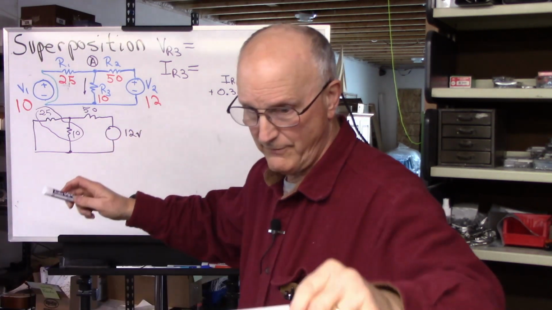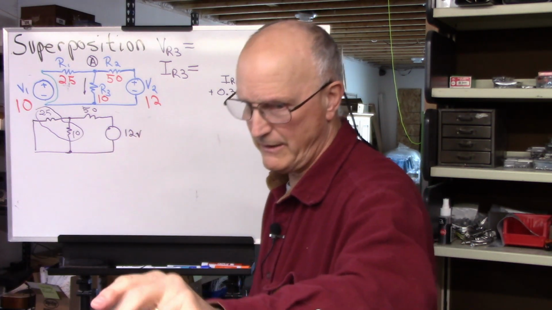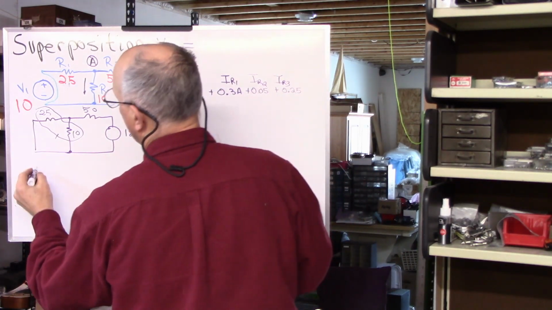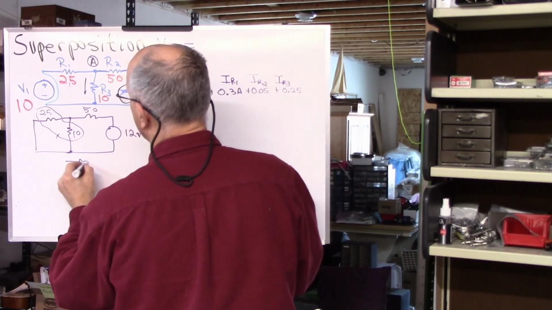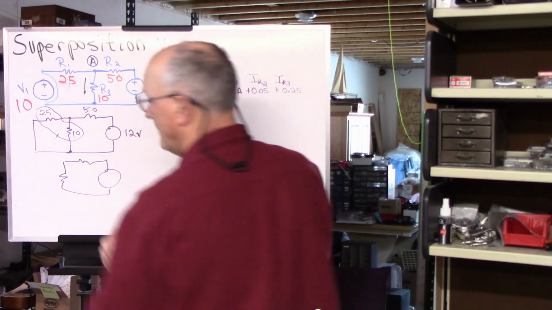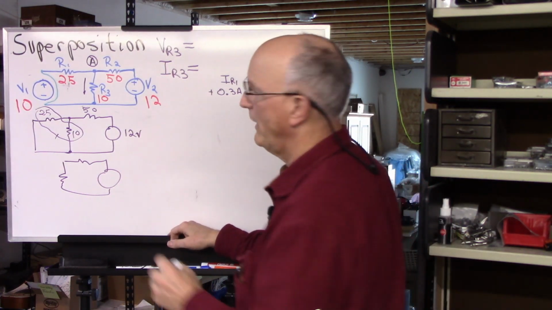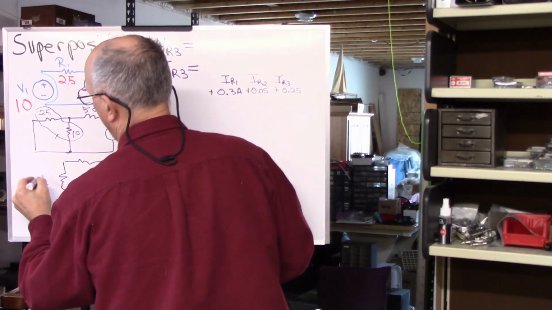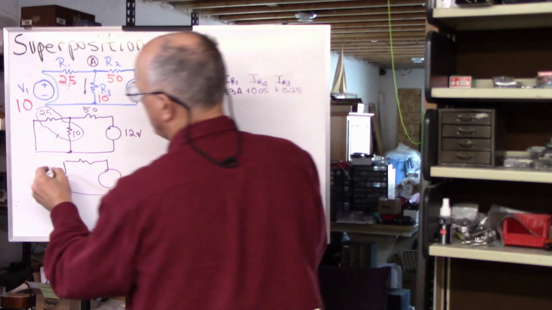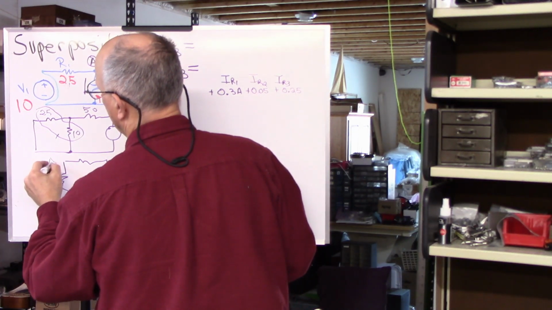Okay, 25 times 10 divided by 25 plus 10, the equivalent resistance here is 7.14256 ohms.